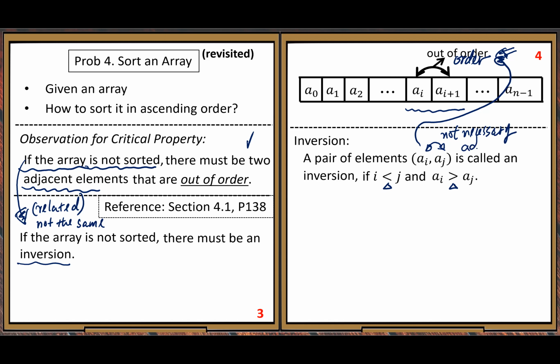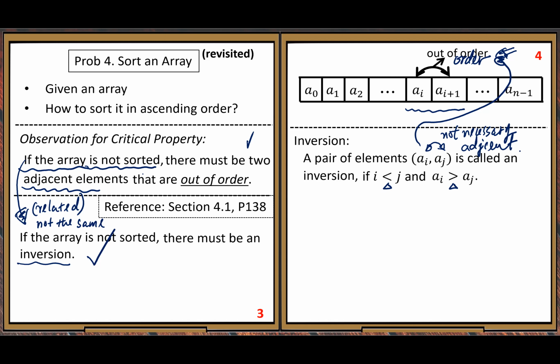So here the meaning is different. We have this slightly different property from the above. So if the array is not sorted, there must be an inversion. It's also correct.